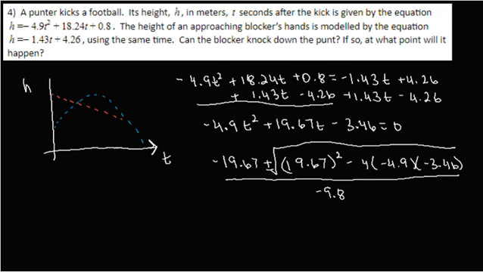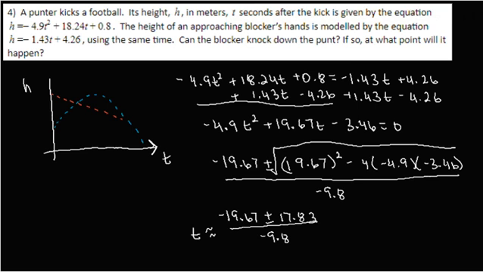So this gives us negative 19.67 plus or minus 17.83 divided by negative 9.8. Here I'm going to put my approximate because we're approximating now.